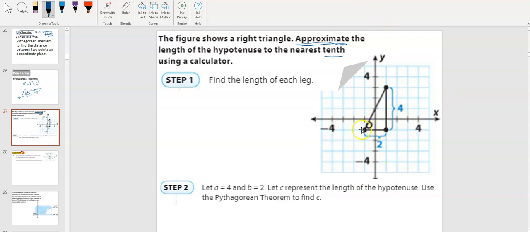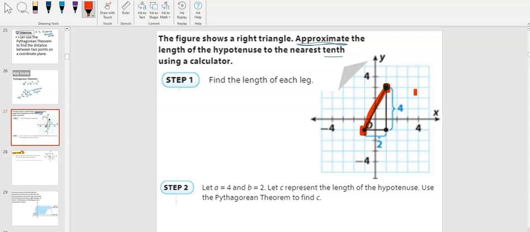I know that this leg of my triangle is 2 because it is 2 spaces on the coordinate plane. And I know that this leg of my triangle is 4 because it is 4 spaces on my coordinate plane. What I don't know is the distance between these 2 points right here.